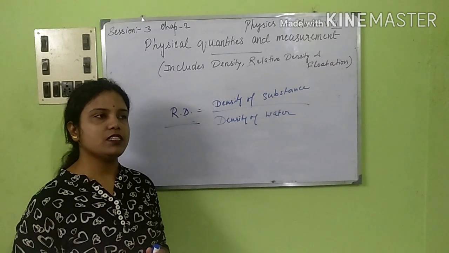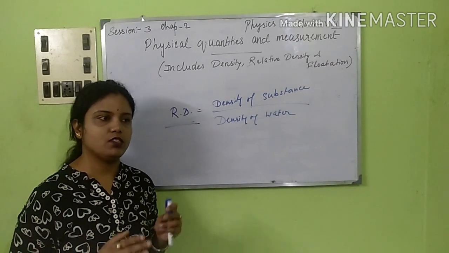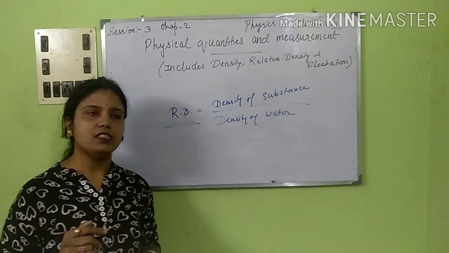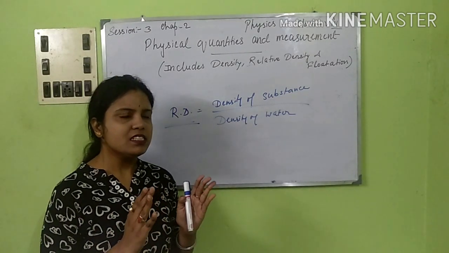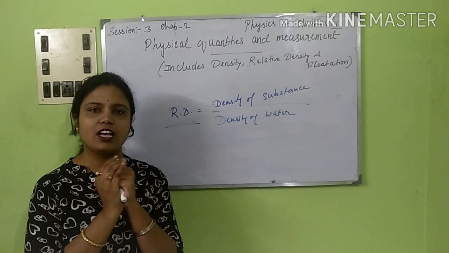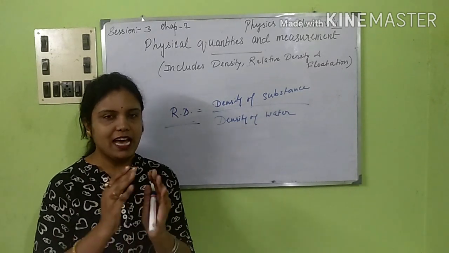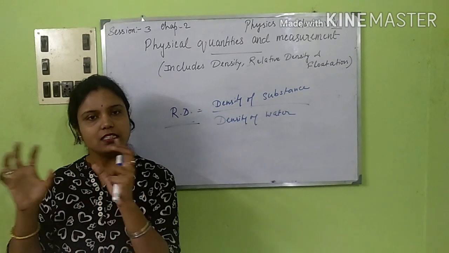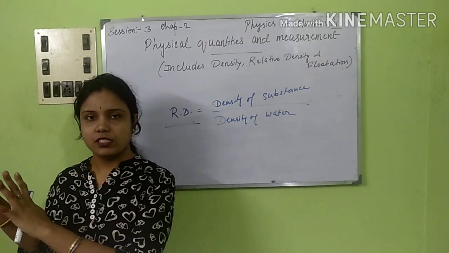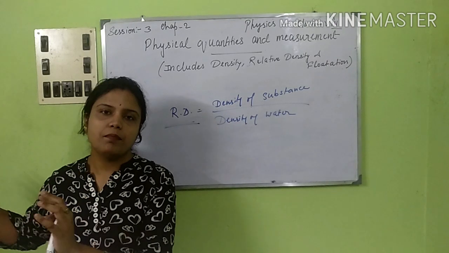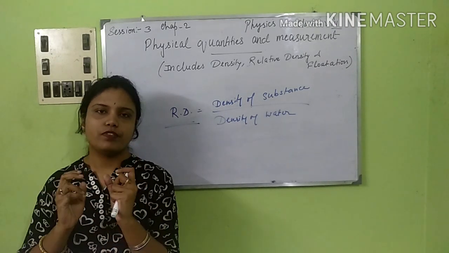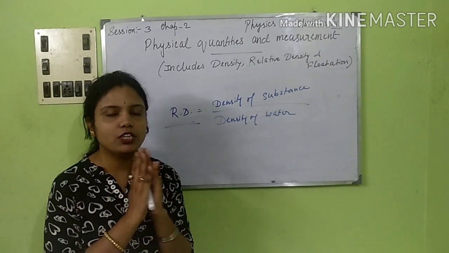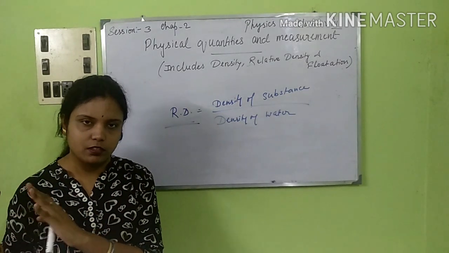Next, if we discuss the three states of matter, that is solid, liquid and gas: as you know, solid has a very compact state compared to the liquid and gaseous states. In liquids, particles are much farther apart, and in the gaseous state they are almost wide apart and there is almost no force of attraction between them. So you know how molecules are arranged in these three states of matter.